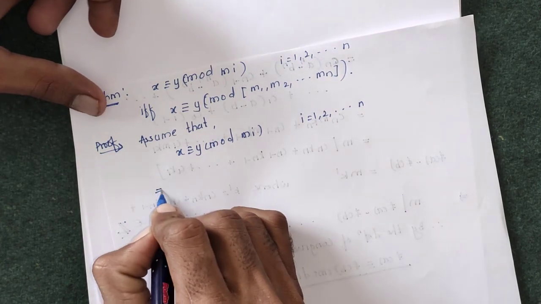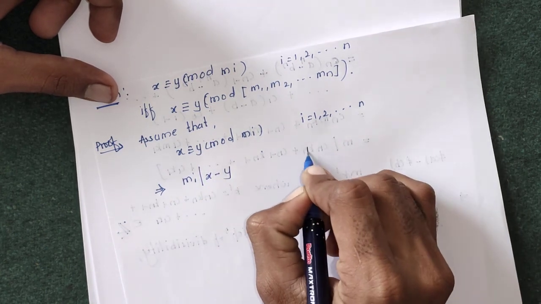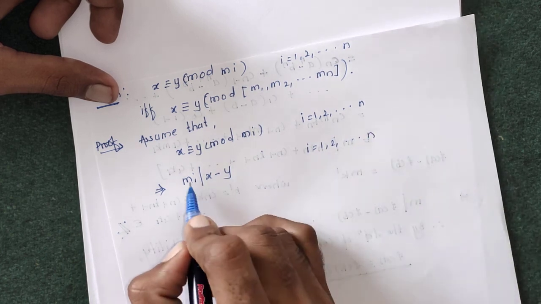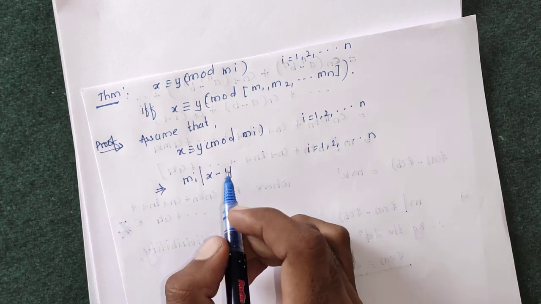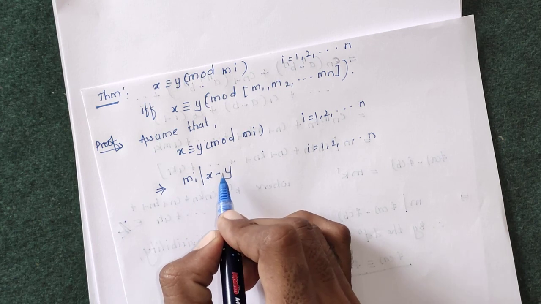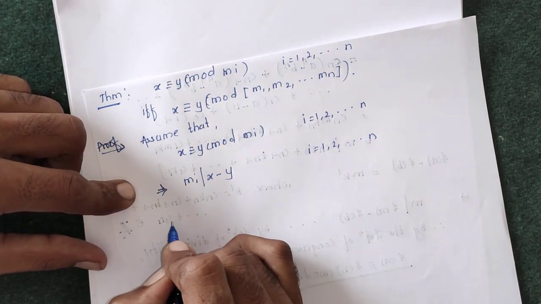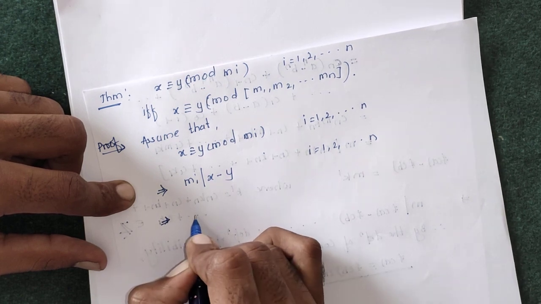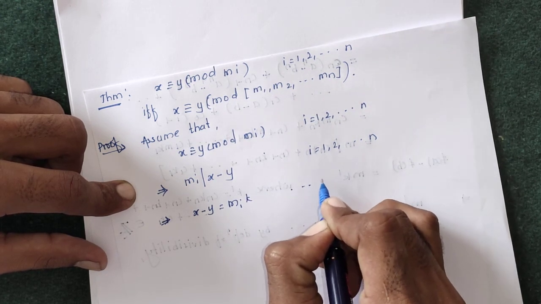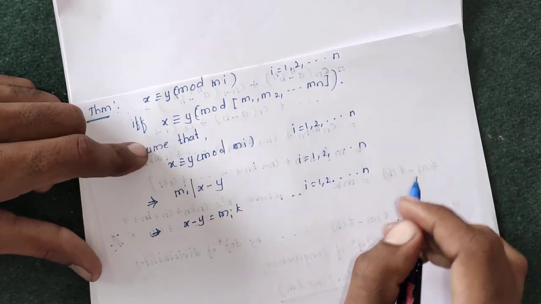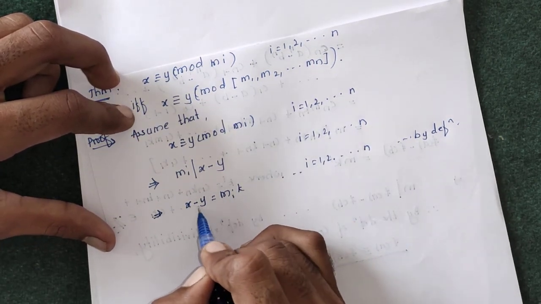By the definition of congruence, we can write that mi divides x minus y for each i running from 1 to n. By the definition of divisibility, x minus y is equal to mi times some integer k.